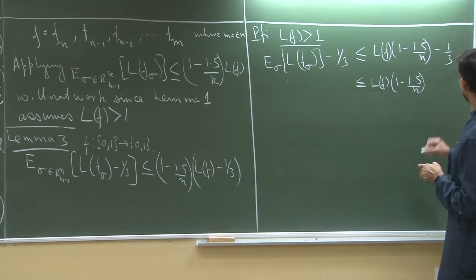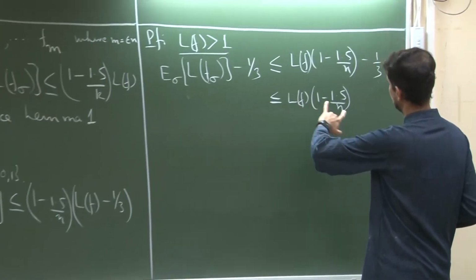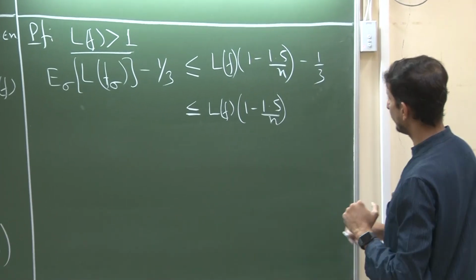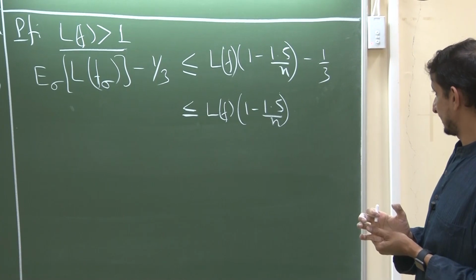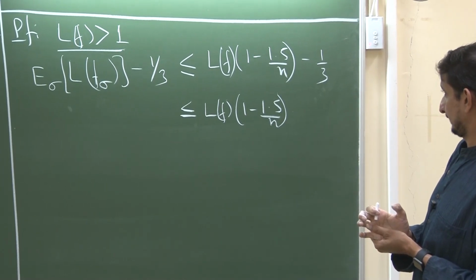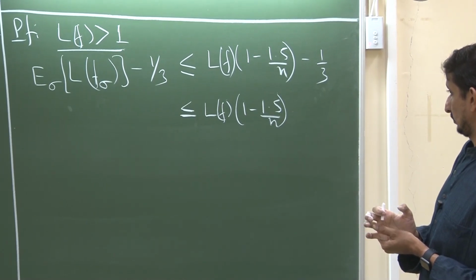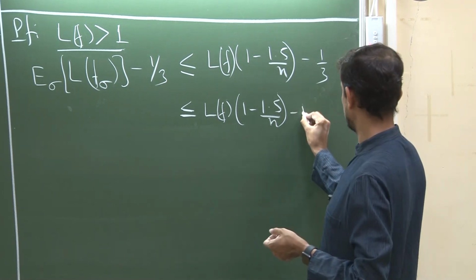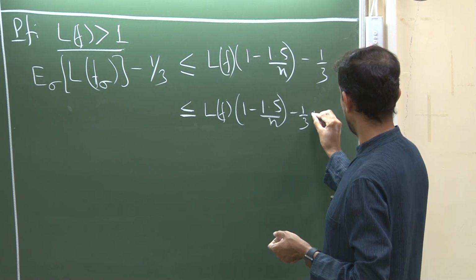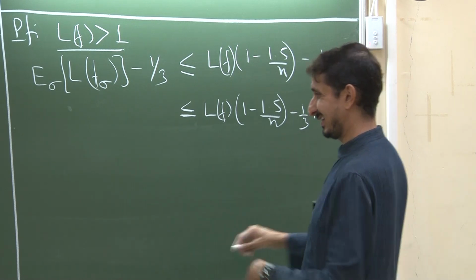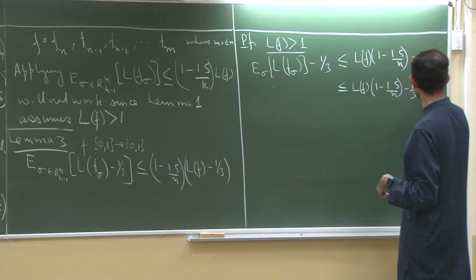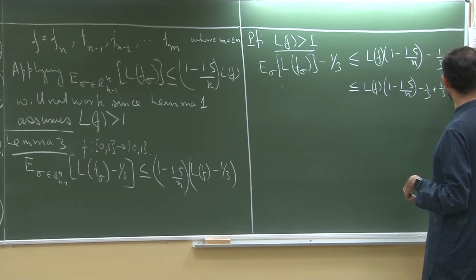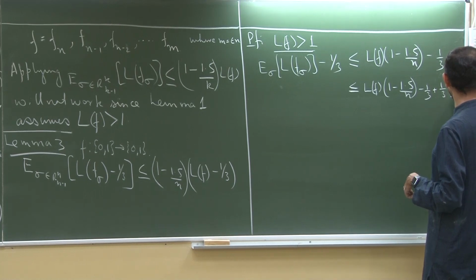yeah, 1.5 over n. So, I will just introduce some additional terms over here. So, what do I want to introduce? I have a minus 1/3 and I will introduce this times this, so this is 3 by 2n. So, plus 1/3 dot 3 by 2n.